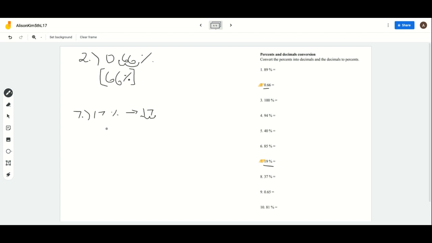So our final answer for number 7 will be, oh, I'm sorry, I read the number wrong. It's 19%, not 17%. So as I said before, it's the same thing as just 19 point right there, right? And then we're going to move it to the left 2 times, 1, 2. And your answer will be 0.19.